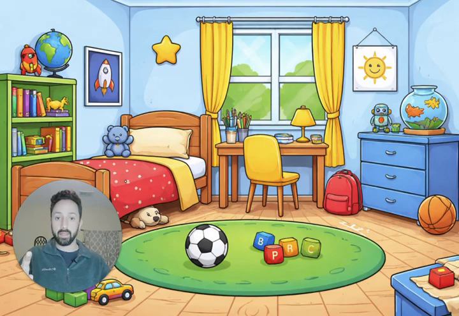Look at the chair. The chair is yellow. The lamp is yellow. Look at the lamp. It is yellow.